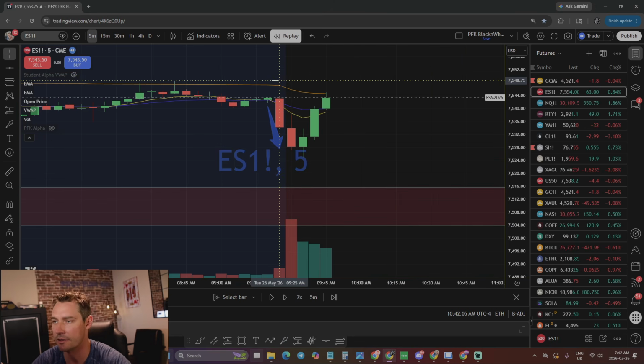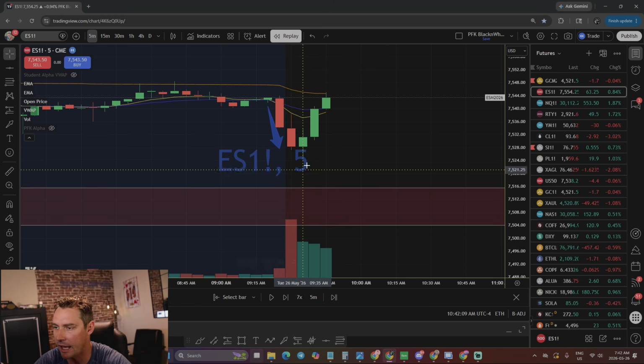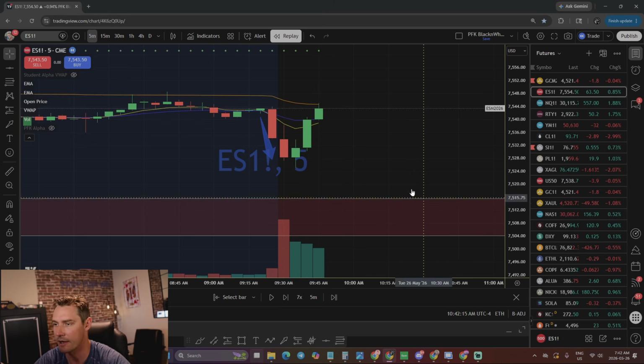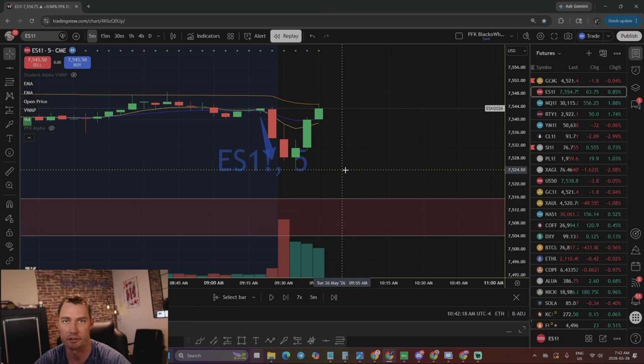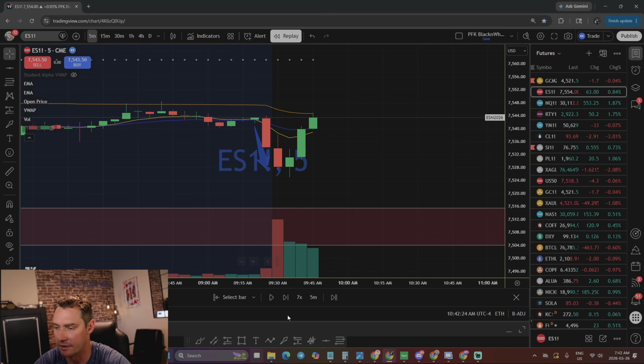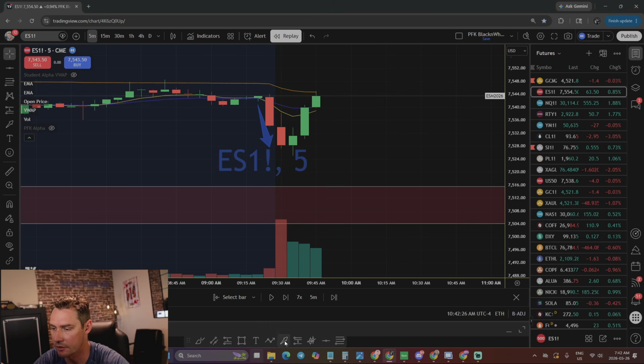We can see here that we had a high volume sell pressure candle, and then we start to have a rebound on a lot lower volume. This is what I like to see when we are looking to take a short trade with that 1 hour higher time frame momentum. We want to see volume dropping off. Looking down here, we can see volume slowly dropping off.